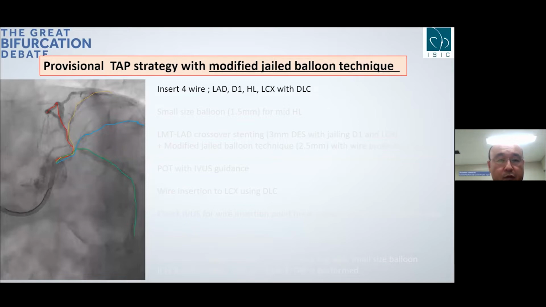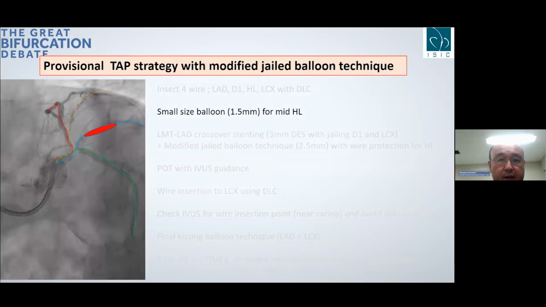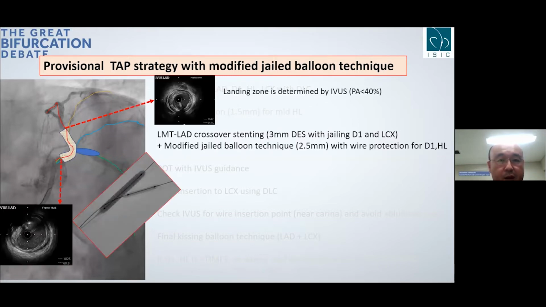I want to insert 4 wires for the LAD, D1, the lateral, and the circumflex using the W catheter. And I want to perform a very small balloon to this middle lateral artery. And I perform the IVUS and decide the landing zone of the distal part of the stent.